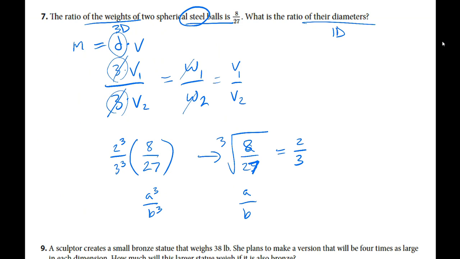So that was our a over b. So if the ratio of their weights is 8 to 27, that means the ratio of their volumes is 8 to 27, and then cube rooting that means the ratio of their diameters is 2 to 3.